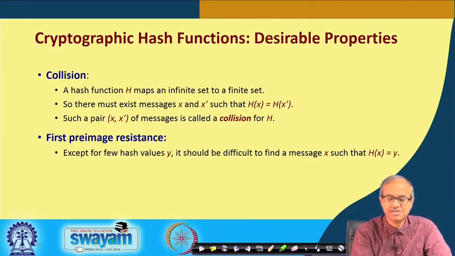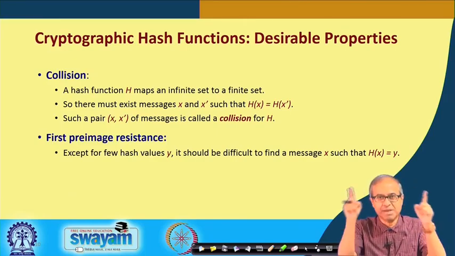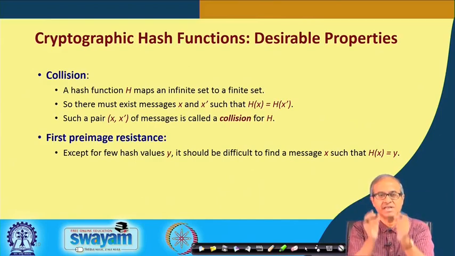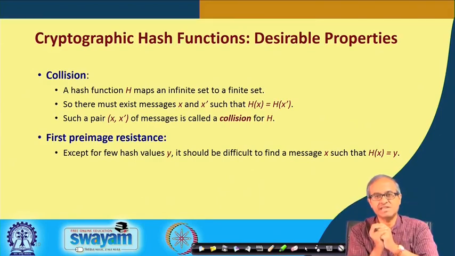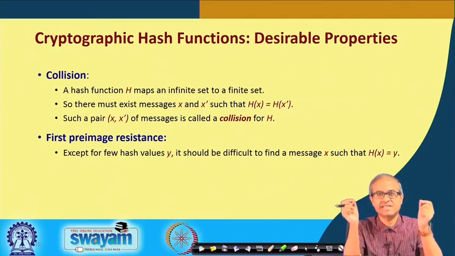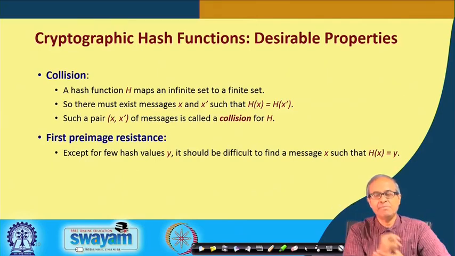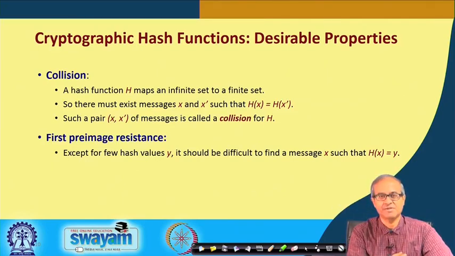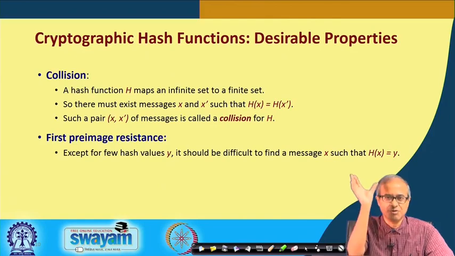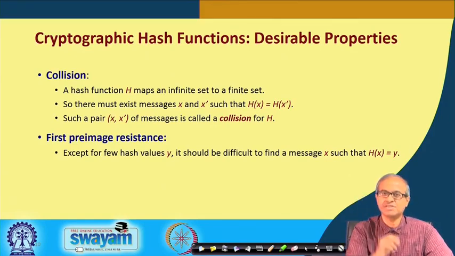So, what is a collision? Collision means because you are mapping a larger set to a smaller set, there will always be two distinct messages, say x and x prime, which will map to the same hash value. Because your message can be 1000 bits, your hash can be 100 bits. So, there will always be a many to one mapping and there will be such collisions happening.